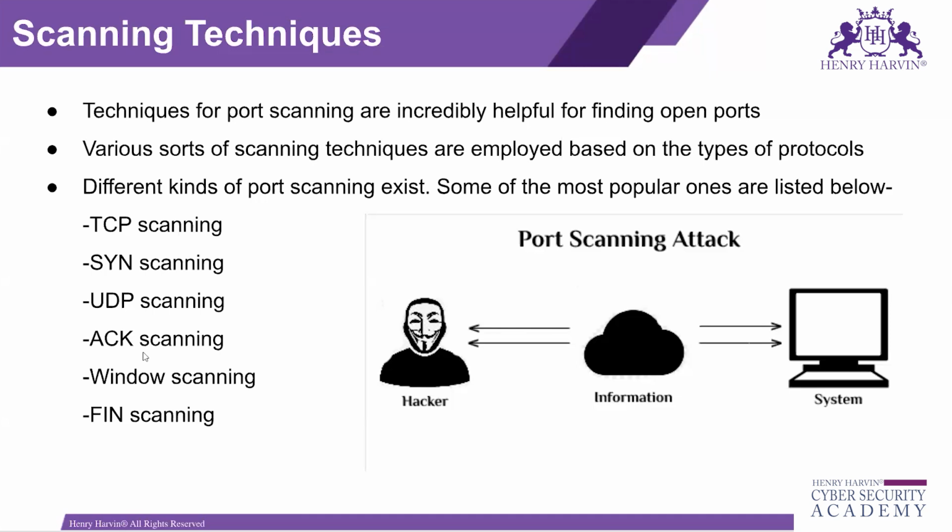Now, when the second computer receives it, if the ports are open, then it will respond. It will send the SYN ACK back. Once it gets the SYN ACK back, it will send the acknowledgement back.